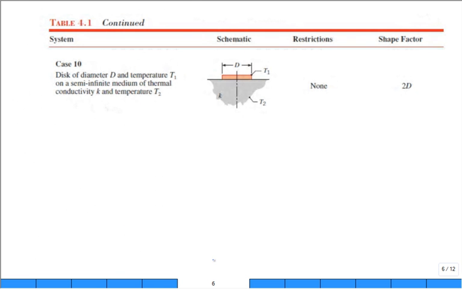Go to the table, look for the case that applies, if there is one. They have a disk of diameter d and temperature T1, so this is all the same temperature right here. And it's a semi-infinite material temperature and conductivity, so this temperature far away is T2. It looks like it works, so our conduction shape factor is 2d, twice the diameter.